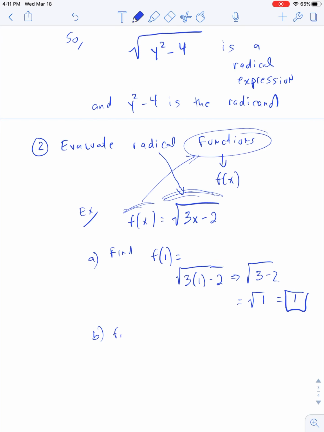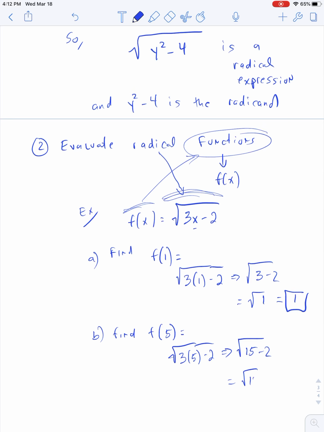How about example B? I ask you to find f of 5. We do the same thing, right? Replace x with 5. So it's the square root of 3 times 5 minus 2, which is the square root of 3 times 5. Well, that's 15 minus 2.